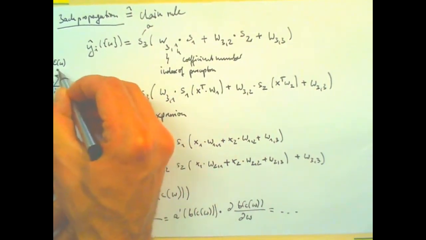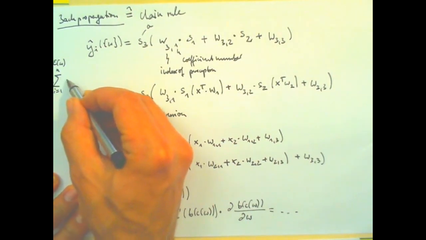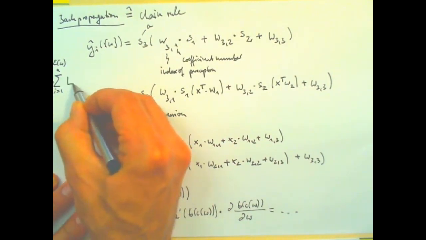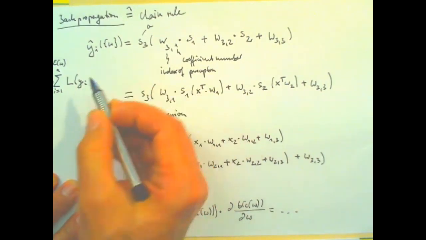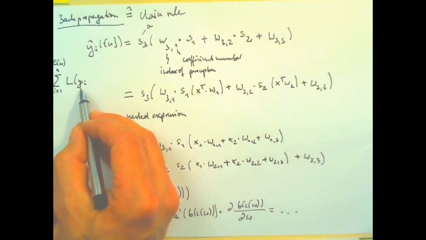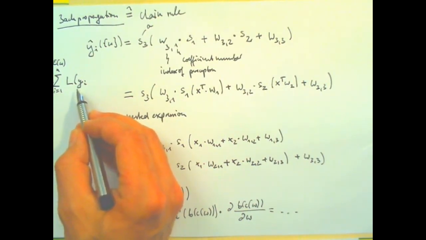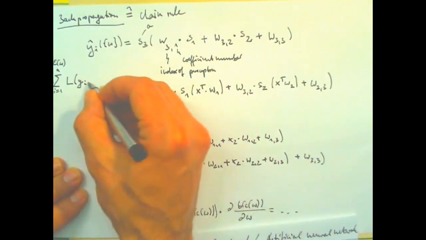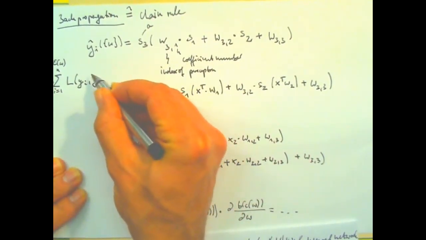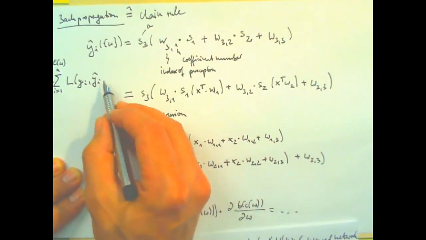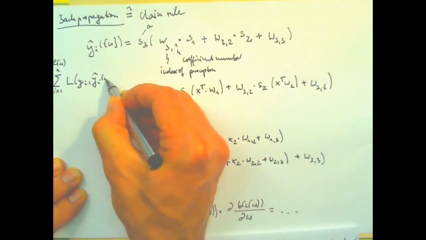I'm just writing an L to say this is any loss function, and in this loss function enters the true observation or the true label. It could be a class for classification or a value for regression. And in this loss function enters my current prediction, yi hat, which is a function of the parameters.